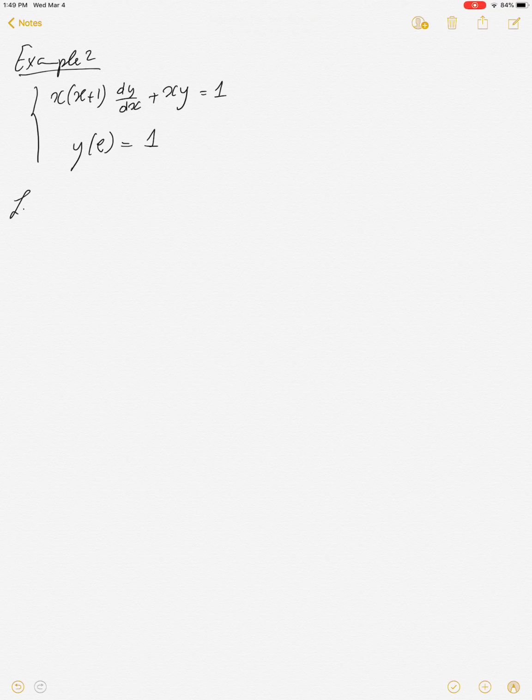Now this is clearly a linear ODE, and I'm solving near x equal to e. This is x0 and this is y0.